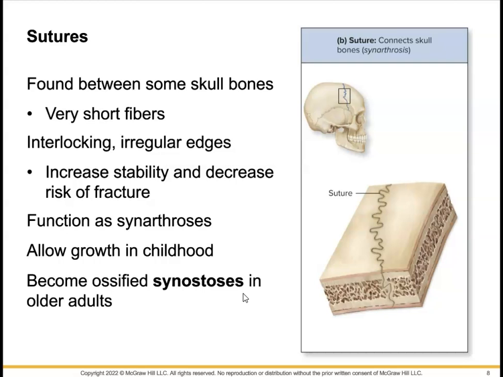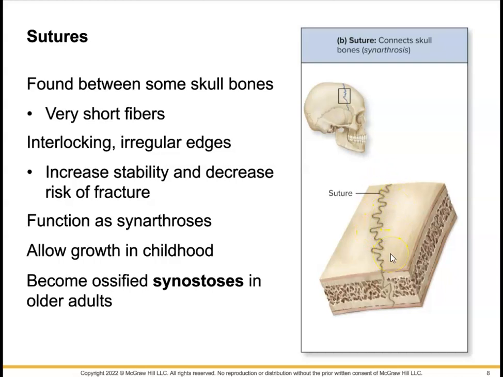Another of our immovable joints, but also still fibrous, is found in the skull. So you learned about sutures when you did the skull in lab. So these bones are held together with very, very short connective tissue fibers, and there are rough and irregular interlocking edges that sort of interlock with each other, as you can see here in this close-up view of where the frontal bone meets the parietal bones, and it creates that suture.